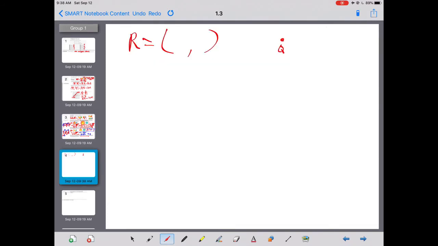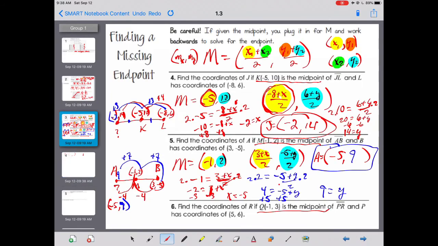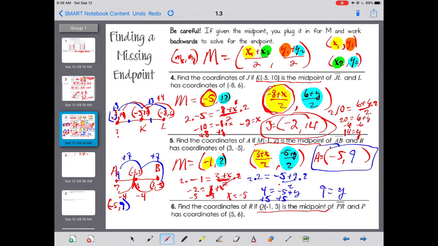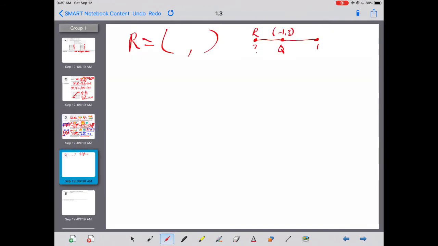So if this is Q, and it was what? Negative 1, 3. Q is negative 1, 3, and it's in the middle. We're going to have endpoints. R is over here. We don't know. And P is 5, 6. We've got to find R.